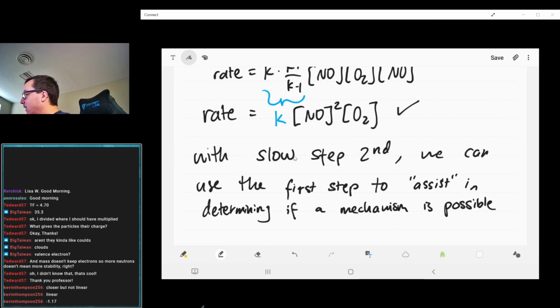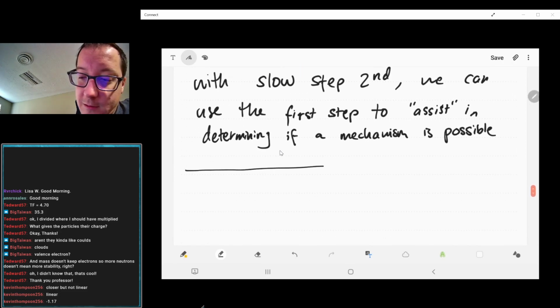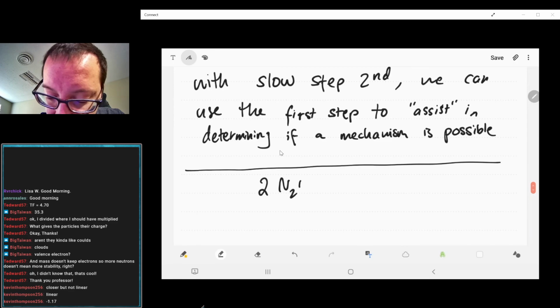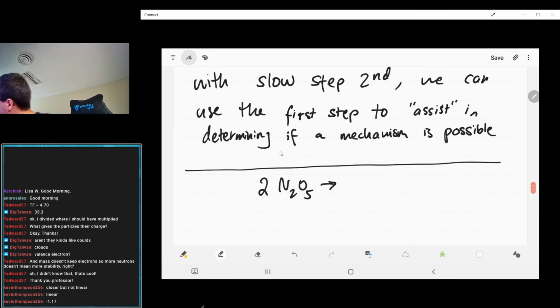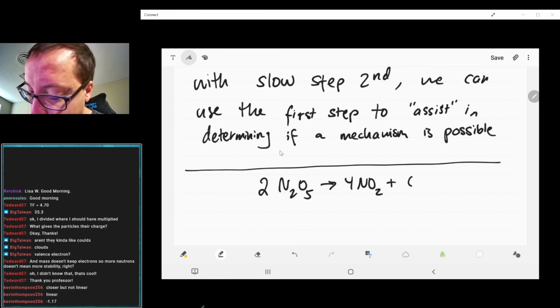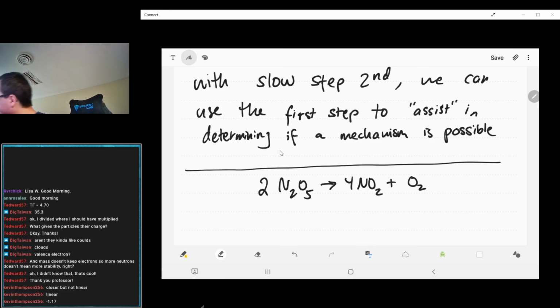Let's see if I have another example here, so we can do it again. Okay, I do have another example. What is our overall reaction? 2 N2O5 turns into 4 nitrogen dioxide plus 1 oxygen.